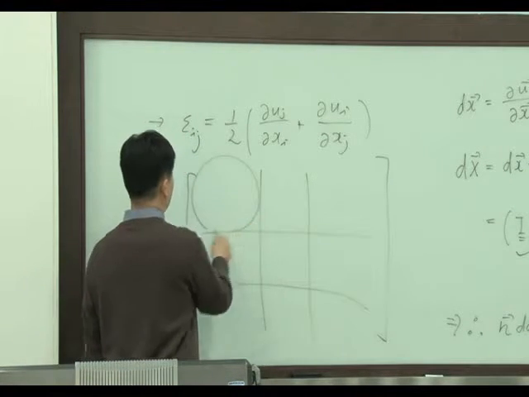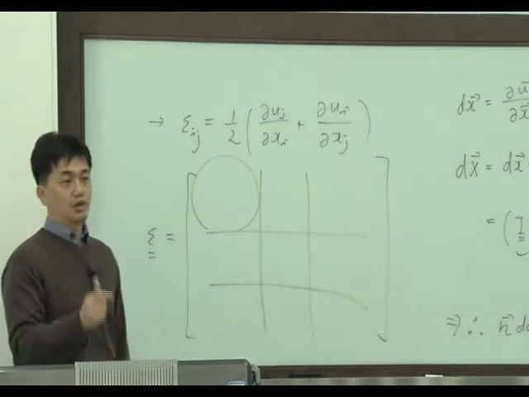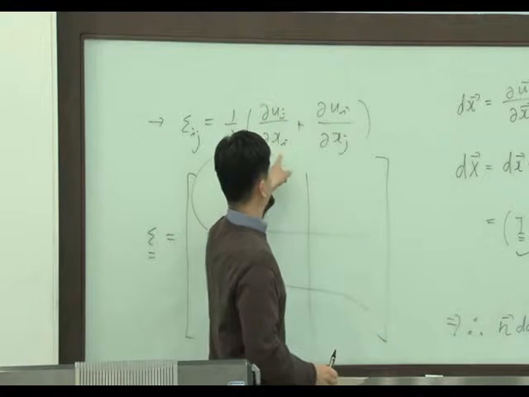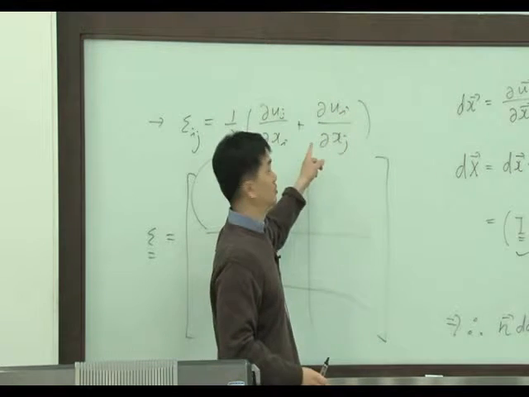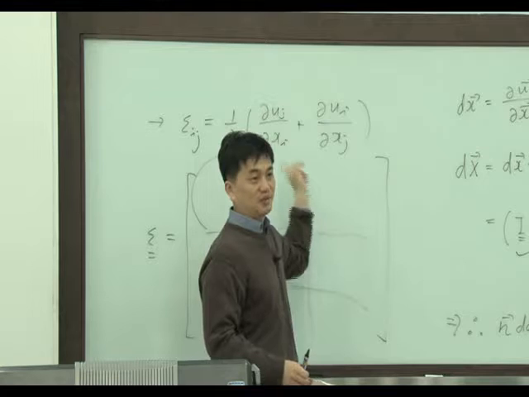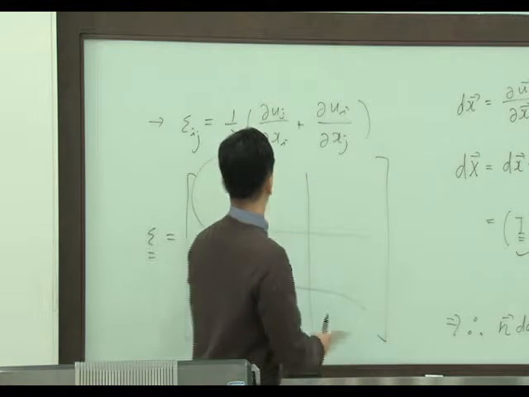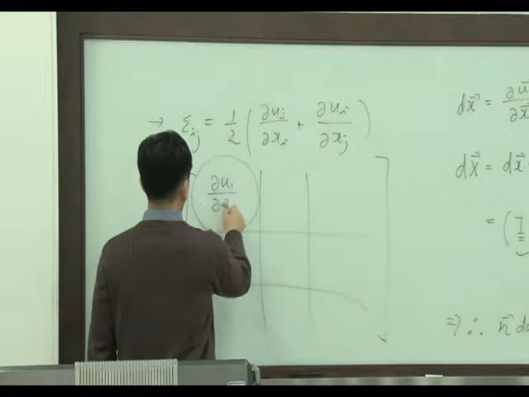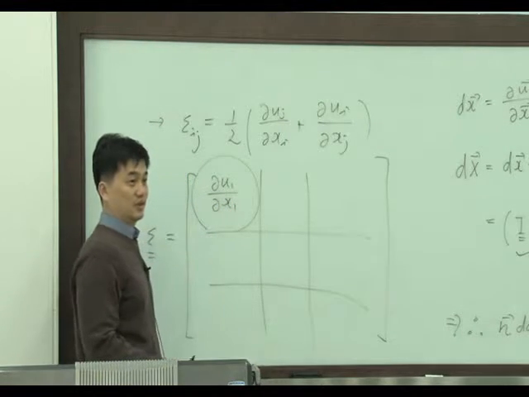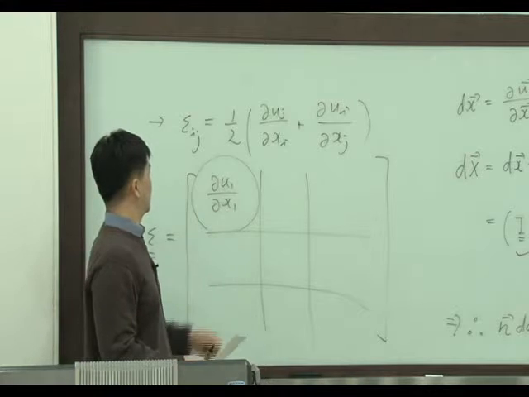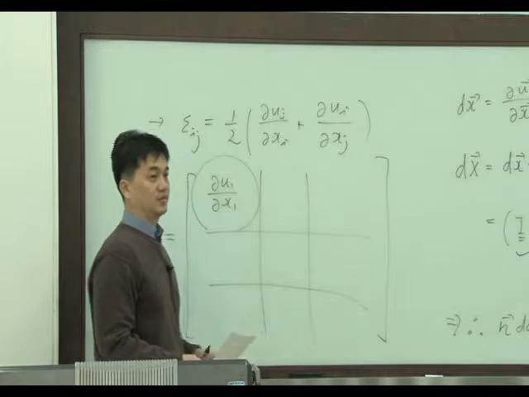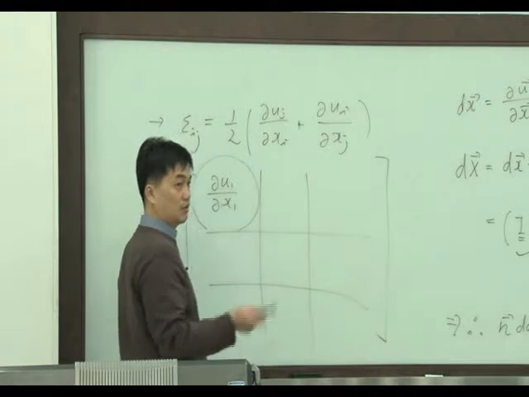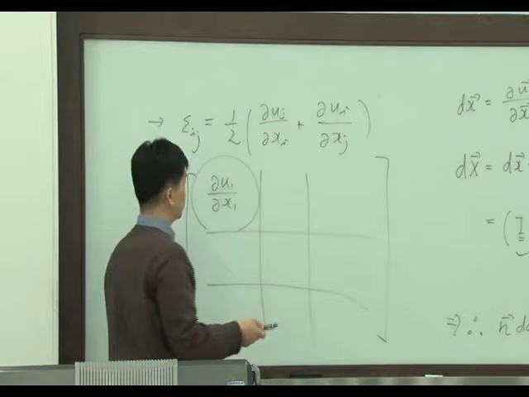What's this component? Strain 1,1. Put i equals 1: u1 here, x1 here, u1 here, x1 here. Same, right? This term and this term become the same, so this becomes just partial u1 over partial x1, right? And how about the next term? Put i equals 1, j equals 2.